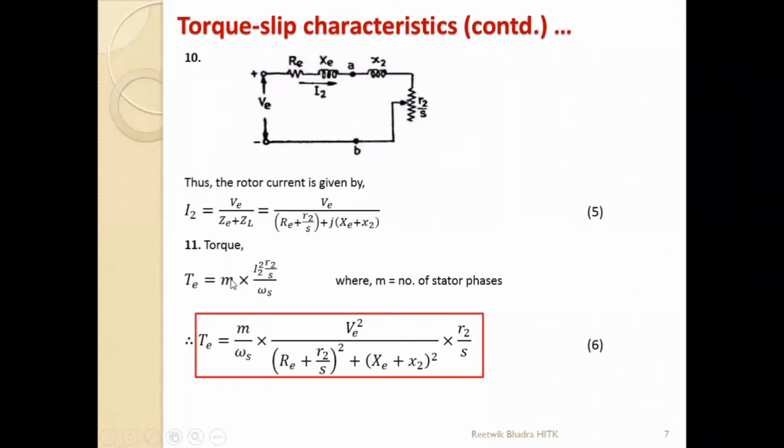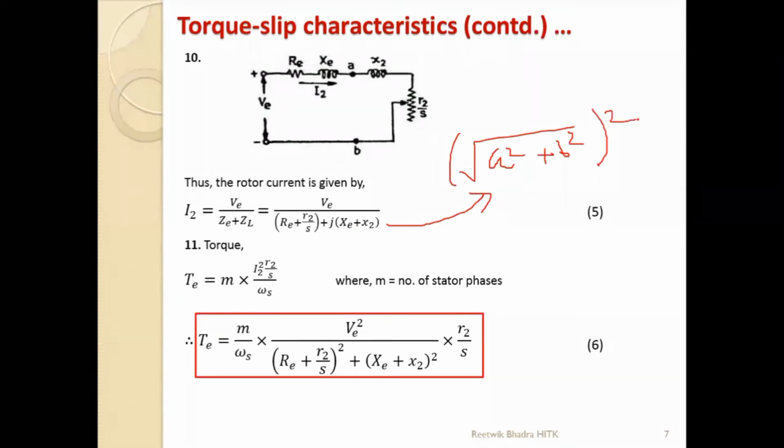So we can write m by omega S in the next equation. I2 square is nothing but the magnitude of this, so we write the magnitude only: V square. In the denominator, this is A plus jB, so the magnitude will be root over A square plus B square. When you do the square of this, the square root will be removed. So we can write RE plus R2 by S whole square plus XE plus X2 whole square.